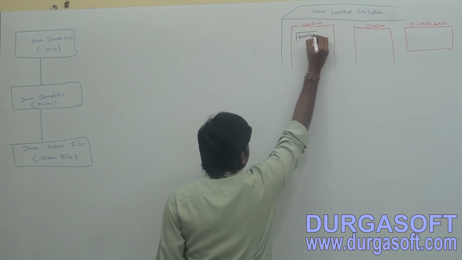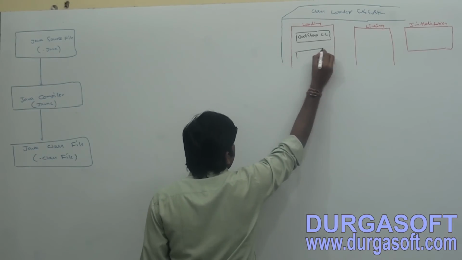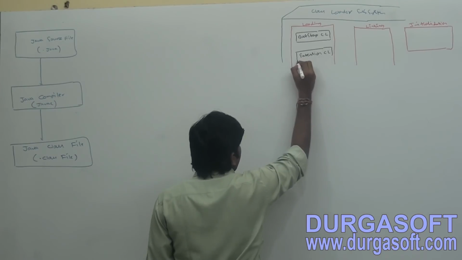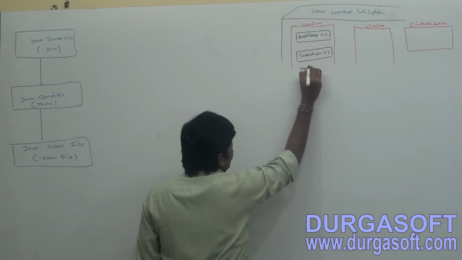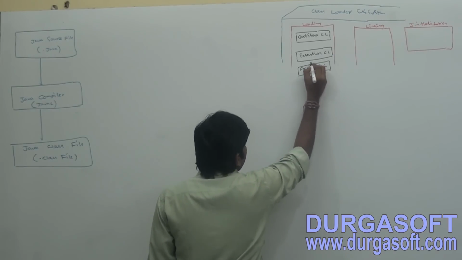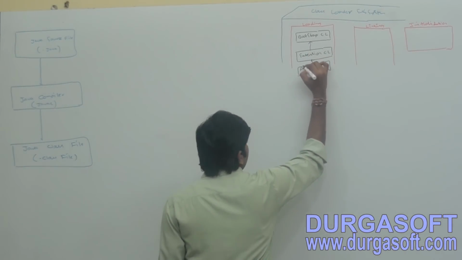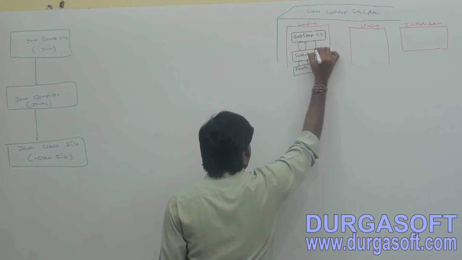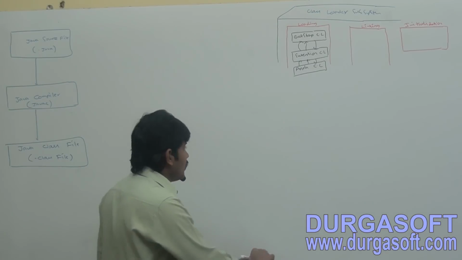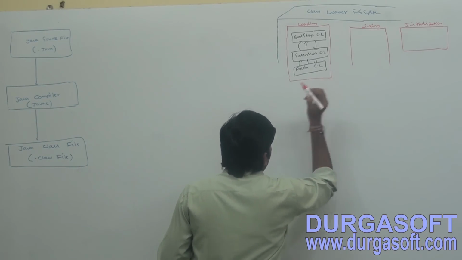Bootstrap class loader. Second one is the extension class loader. Third is the application class loader. It is the child of this one, and it follows which algorithm? Have you remembered? There is one algorithm I covered, the delegation hierarchy algorithm, right?